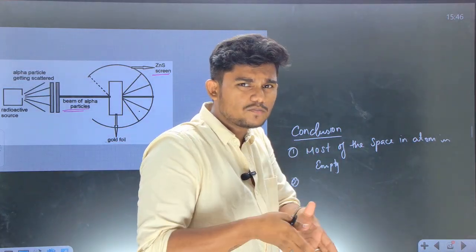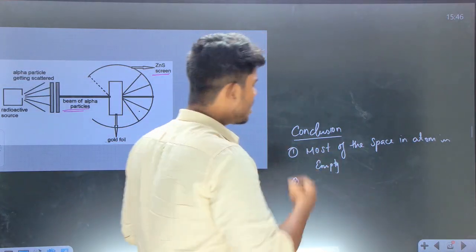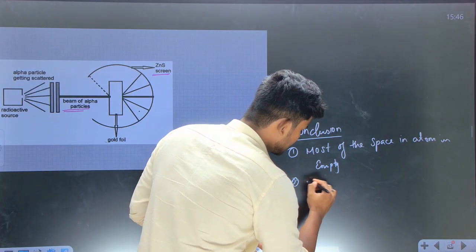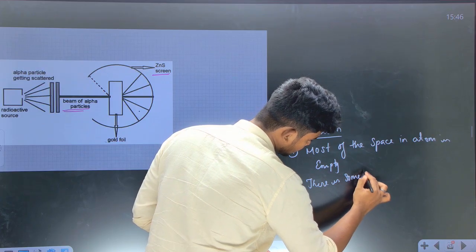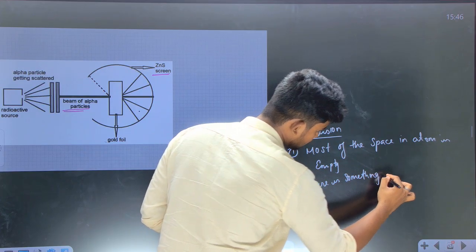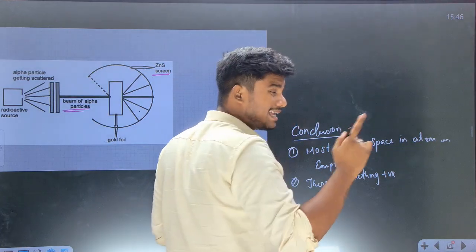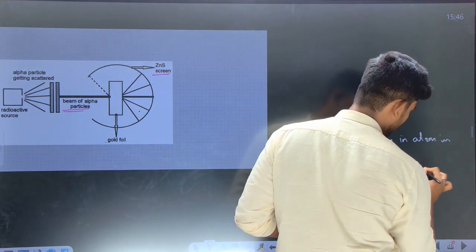Since very few particles were slightly deviated, the second conclusion is that there is something positive at the center of the atom.